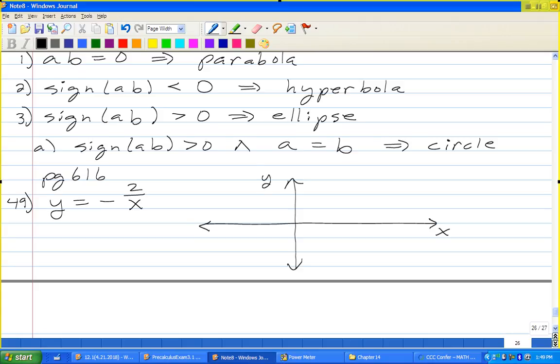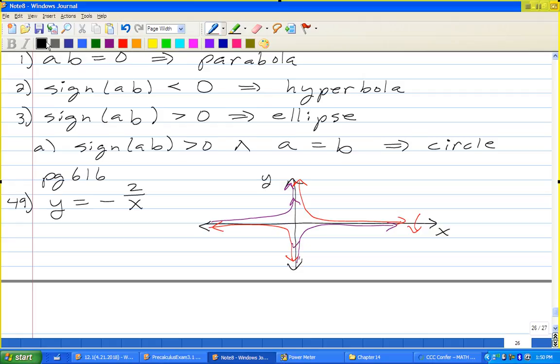So this just looks like the graph of y equals 1 over x, reflected about the x-axis. And then we stretched it by a factor of 2.